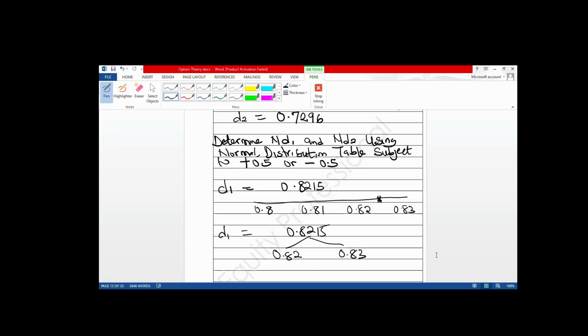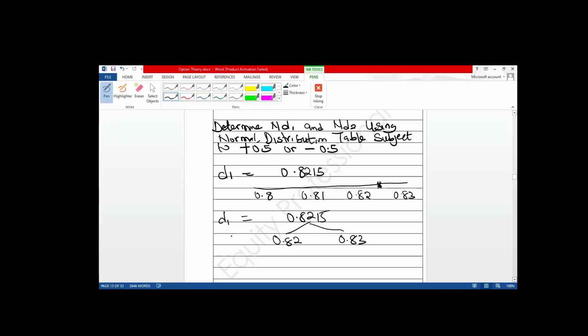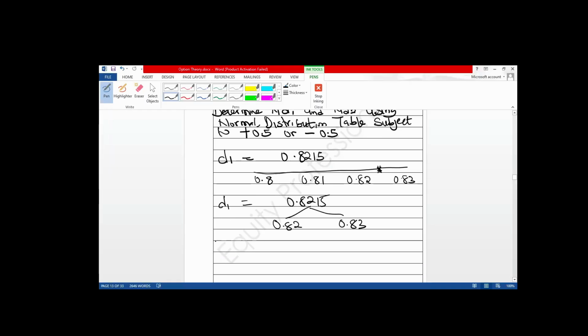Now, when you are done with your range, determine ND1. From your D1, you are going to determine ND1. ND1 is equal to.